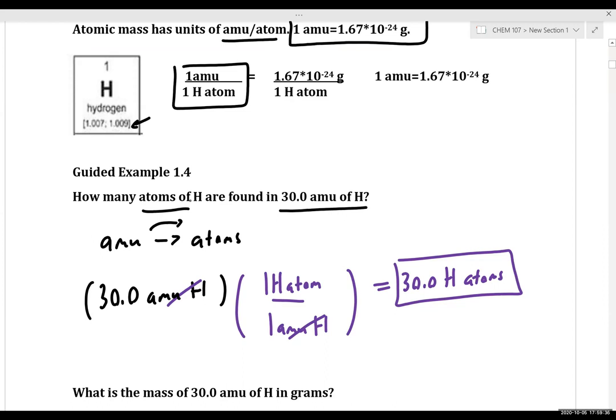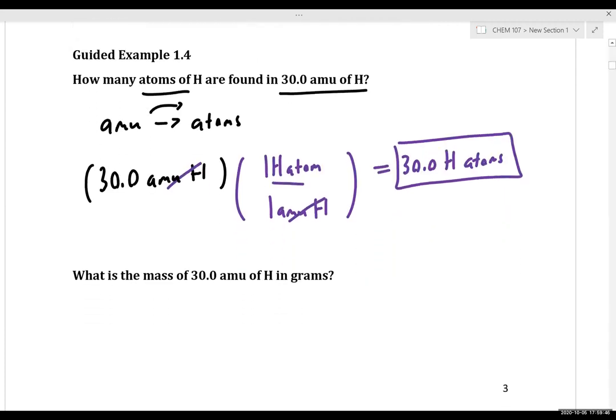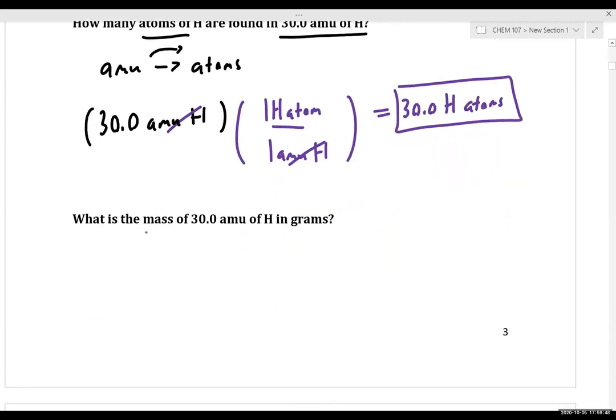So again, we're using the same logic of unit conversions. We can take this one step further and we can calculate the mass in AMUs and convert it to grams. So in this case, we're going from 30.0 AMUs to grams.